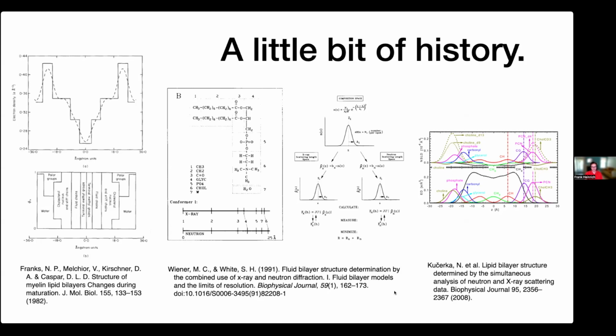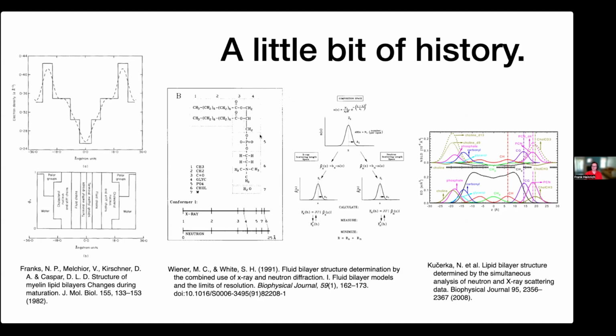Then more relevant and more influential for the things we've been doing is work by Wiener and White in the 90s. What this group around Stephen White has done is first partitioning molecules, particularly lipid molecules that we use a lot, the same way we still do today, into parts: the hydrocarbon tails, with or without methyl groups being separate, and the phosphocholine head groups, dividing them into particular parts.